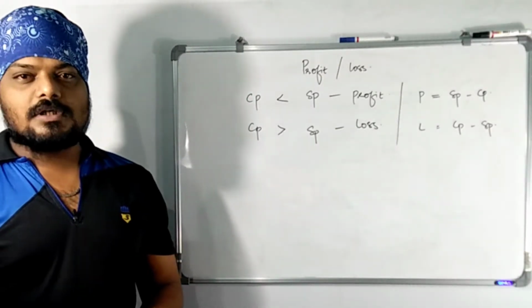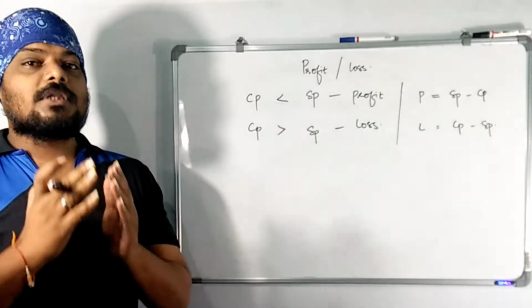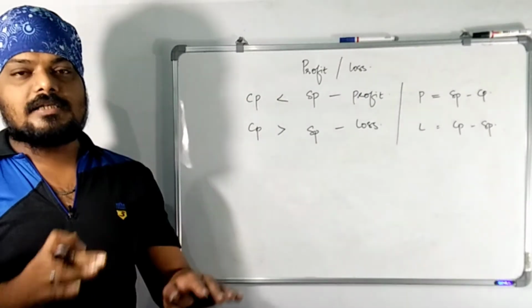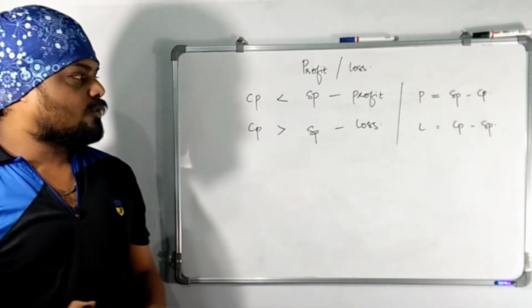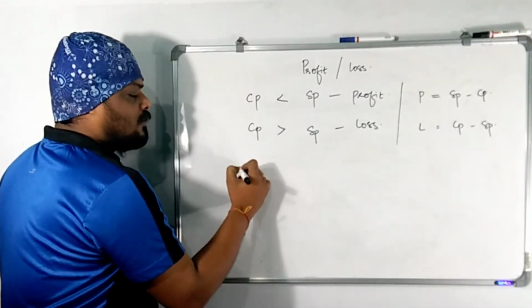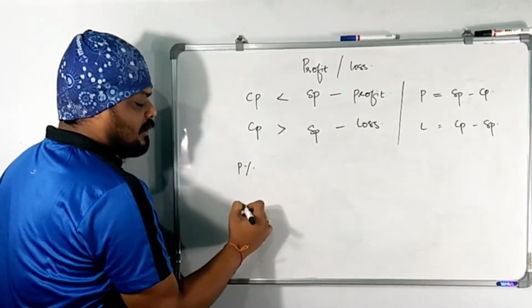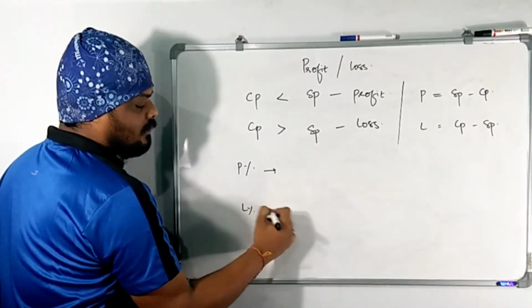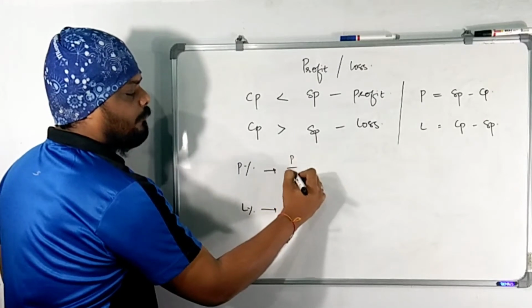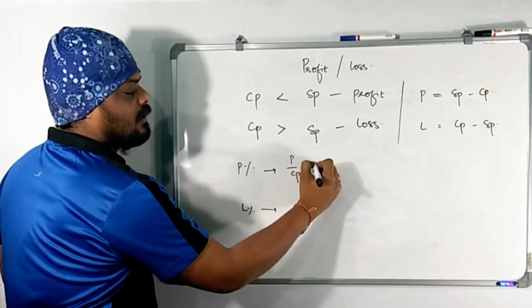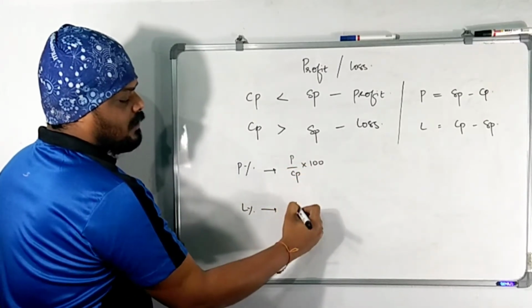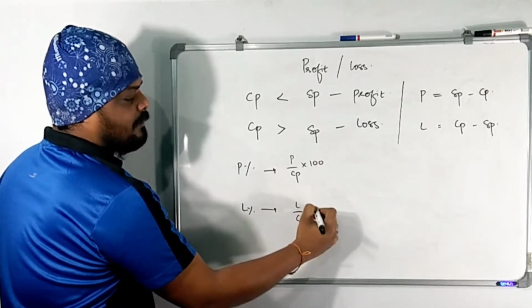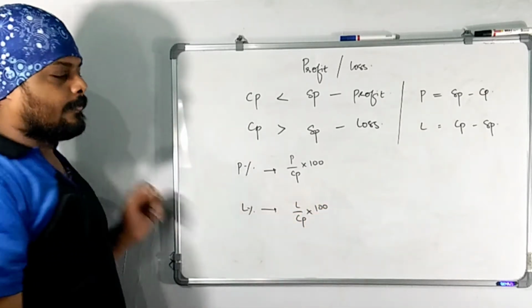Actually, what I want to tell you is, if you want to learn something new, you have to erase everything you know. So here, let us see the formulas of profit percentage and loss percentage from school. Profit percentage is profit upon cost price into 100, and loss percentage is loss upon CP into 100.